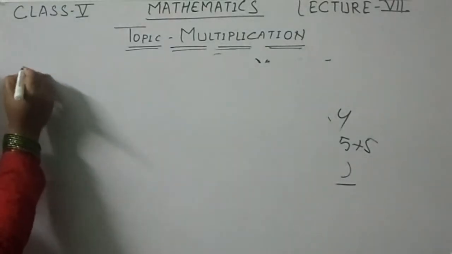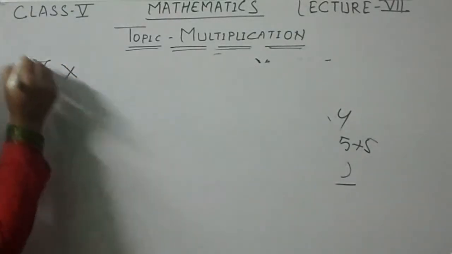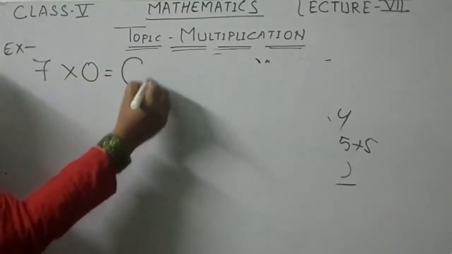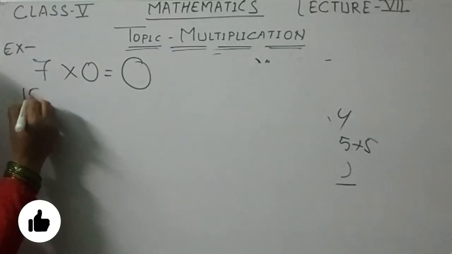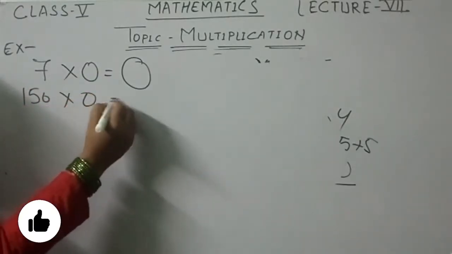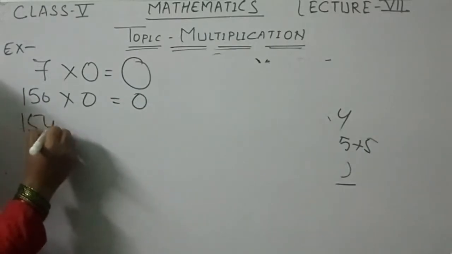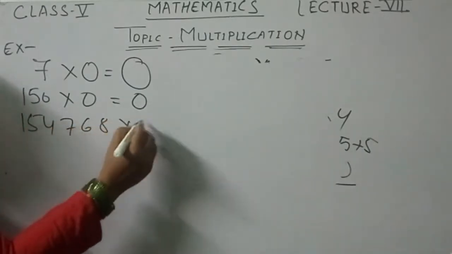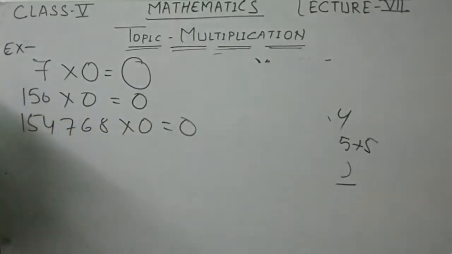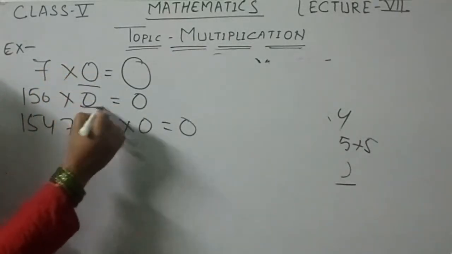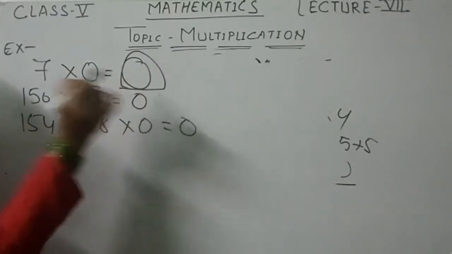Examples: take 7 multiply 0, the product will be 0. 150 multiply 0, it will also be 0. 154768 multiply 0, it will be 0. That means if any number is multiplied with 0, then the product will also be 0.